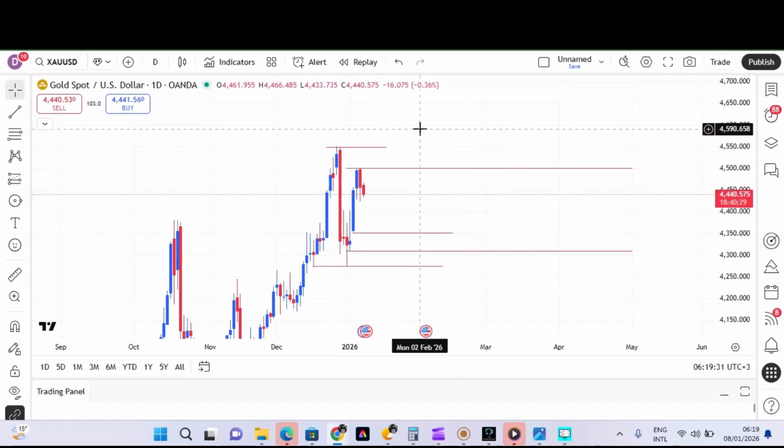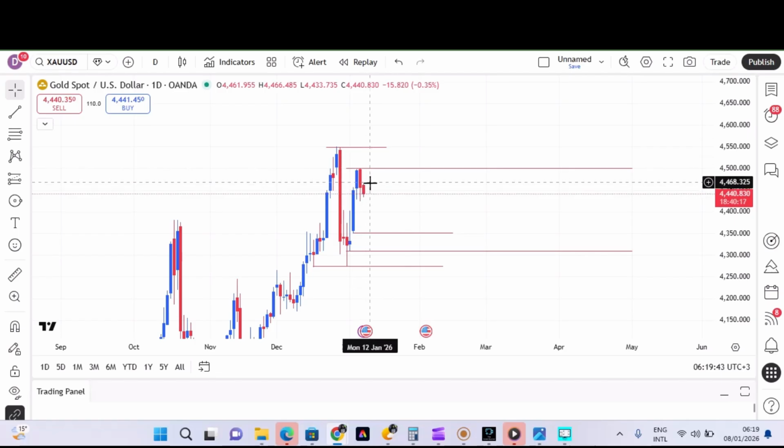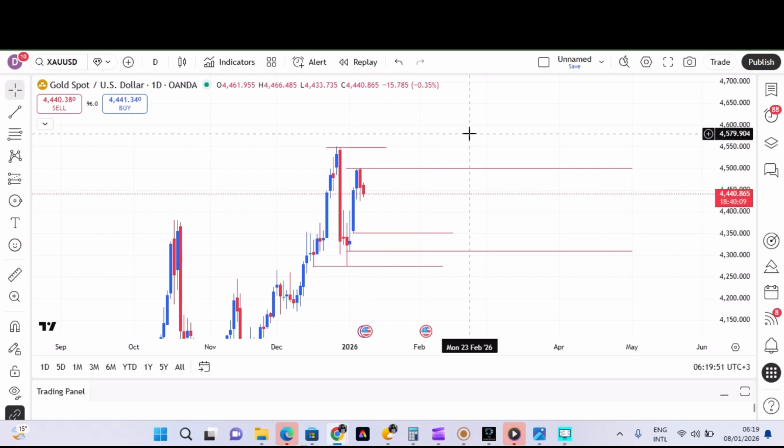So what is the key zone we can mark? What is the bias? The daily bias today, Thursday, is bearish. The market is bearish. Gold opened with a very small retracement and pushed down.